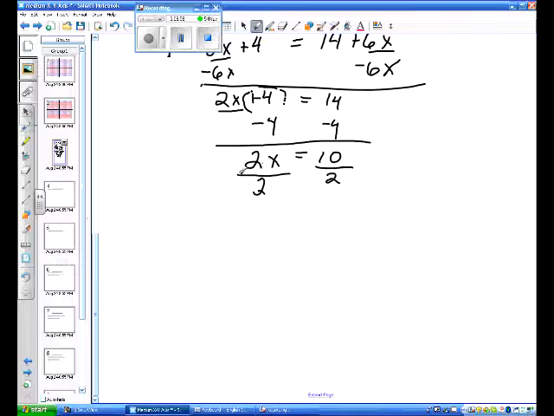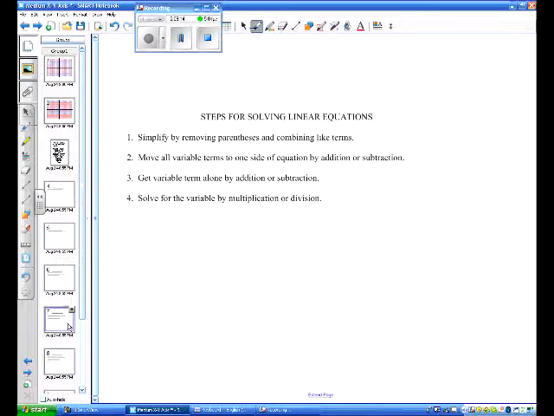So we're using our multiplicative inverse property so that we can get a coefficient of 1. And we then get x equals 5. So we can solve for the variable by multiplication or division.